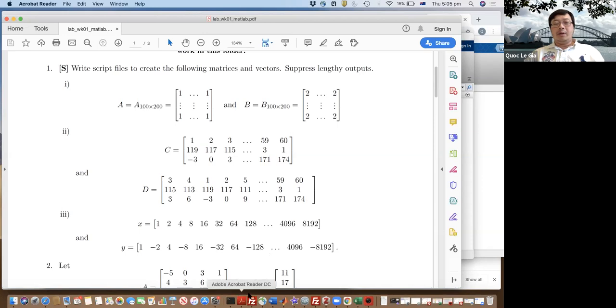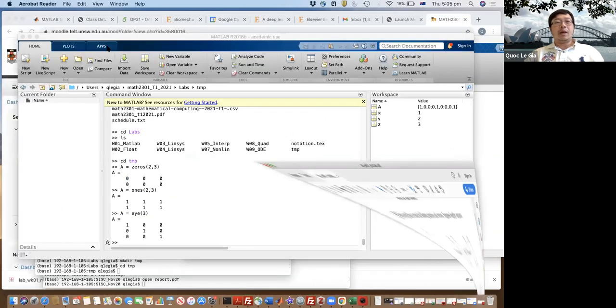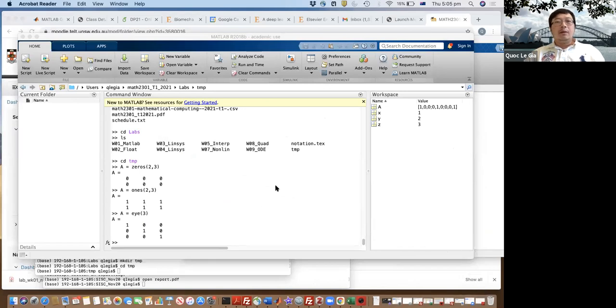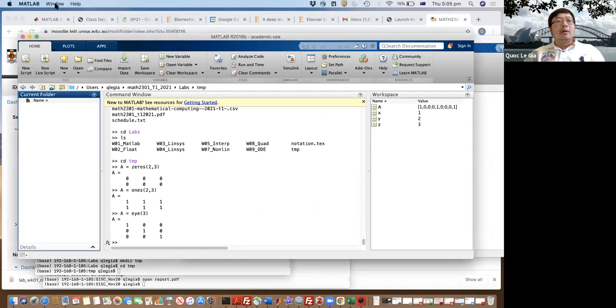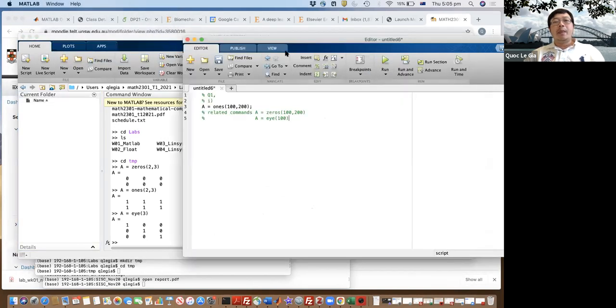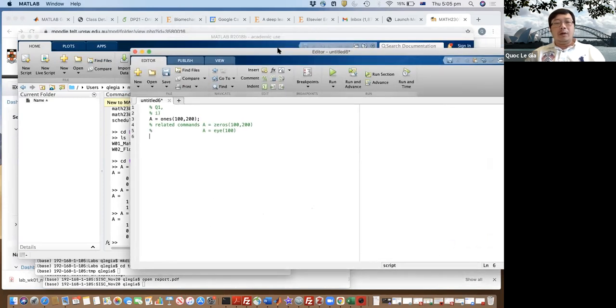Either way, you can see that directly from the matrix A, yeah? So where is my editor? Oh, sorry. My editor is here. And now I can put in B equals 2 times A, okay?